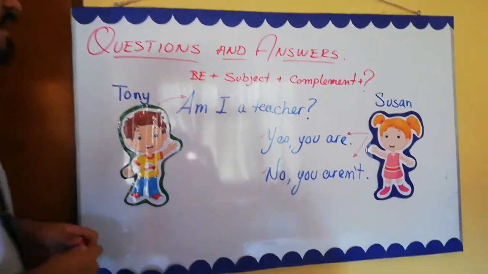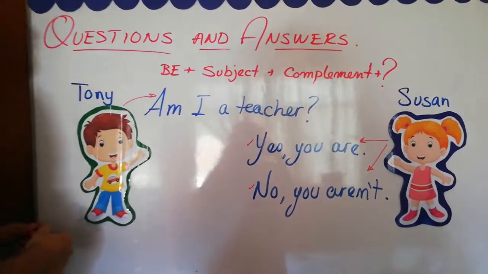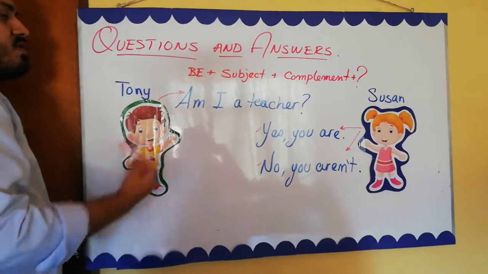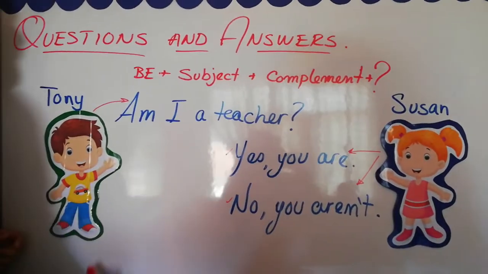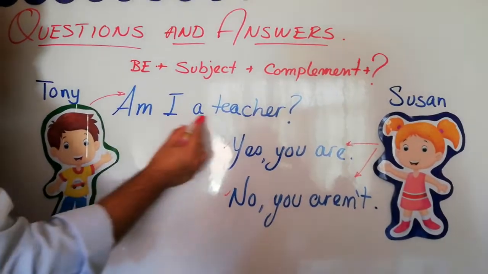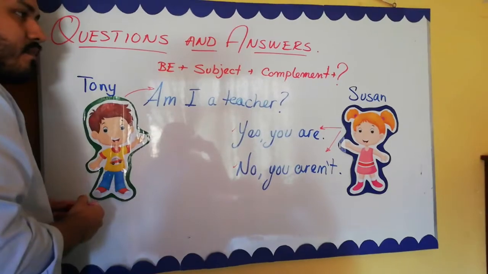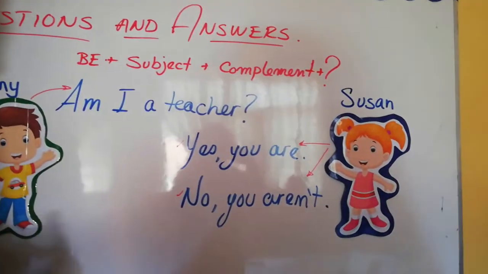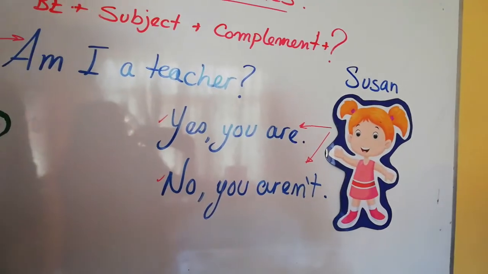Let's see an example. Here we have our friend Tony and Susan. Tony wants to know something about himself. So for example, am I a teacher? Susan is gonna answer in positive. Yes, you are.